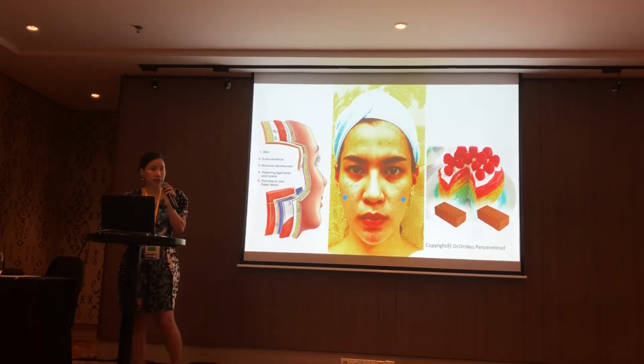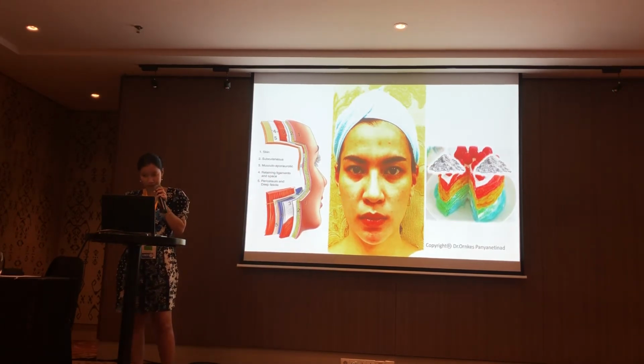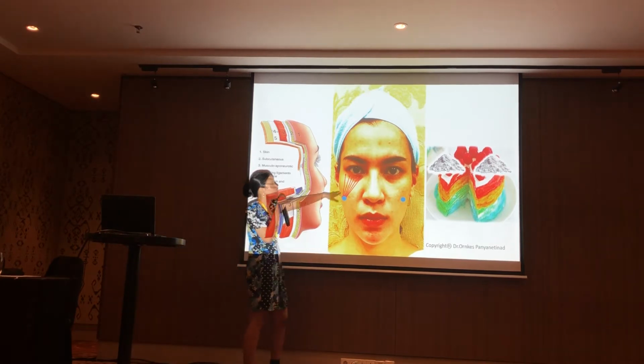This line is the line of the orbital rim. And then you use another injectable whose property is like the skin. This is the lightest one, so as not to cause bumpiness, otherwise it will cause bumpiness. And you inject at this area with a smaller cannula, and you can go beyond into the orbit.